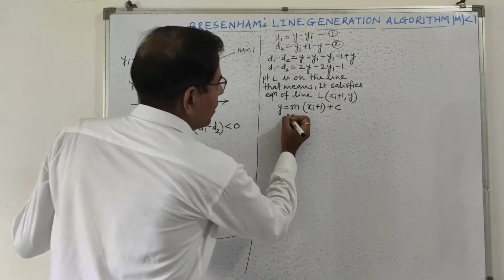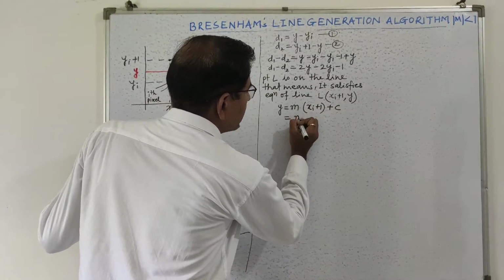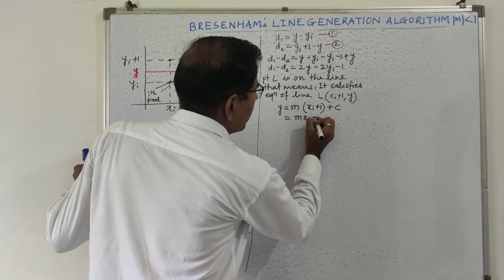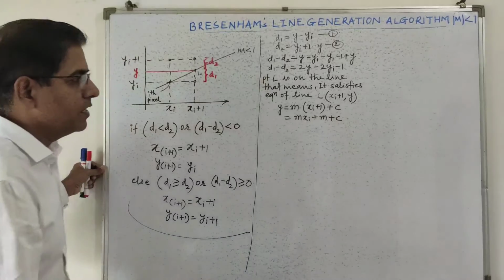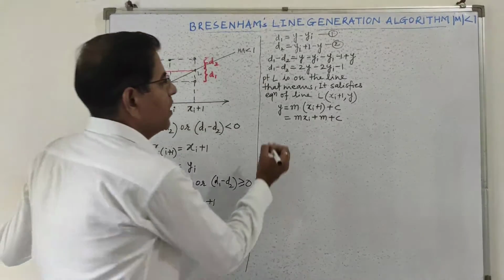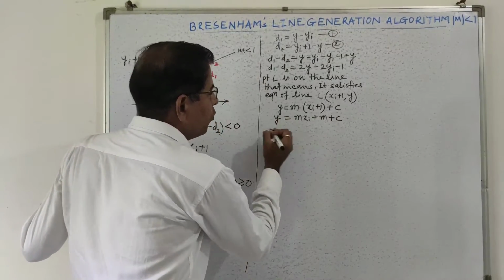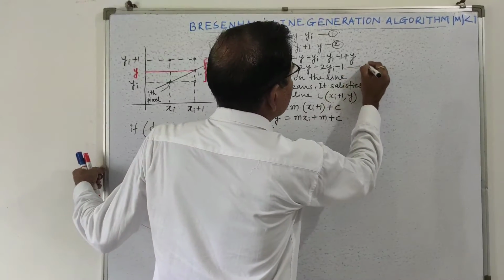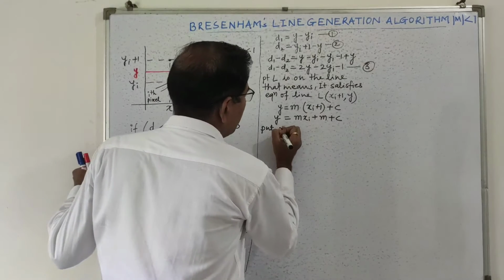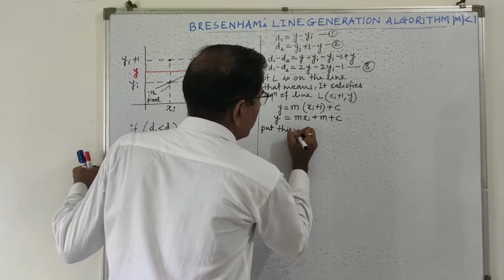Now open it. It is y equal to mxi plus m plus c. Say this is equation number 3. Now put this value in equation 3.